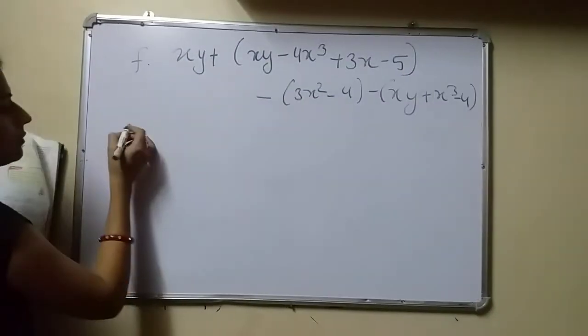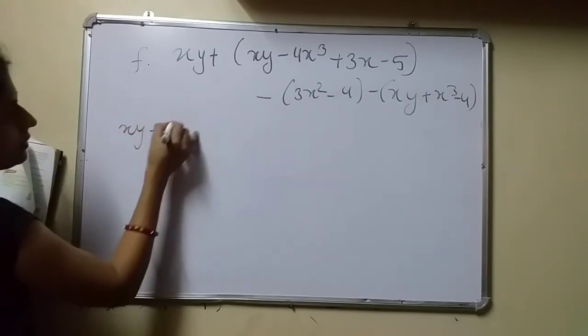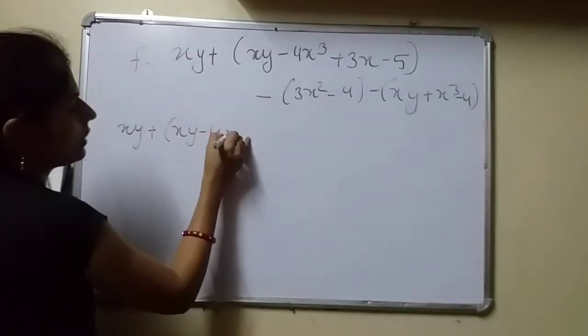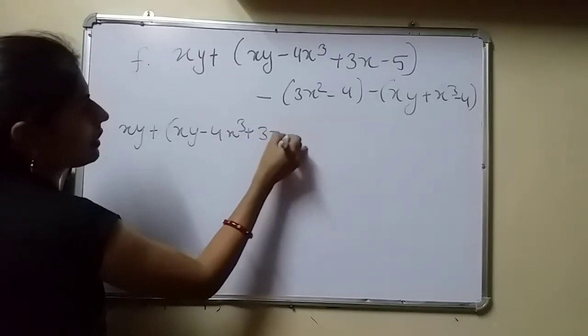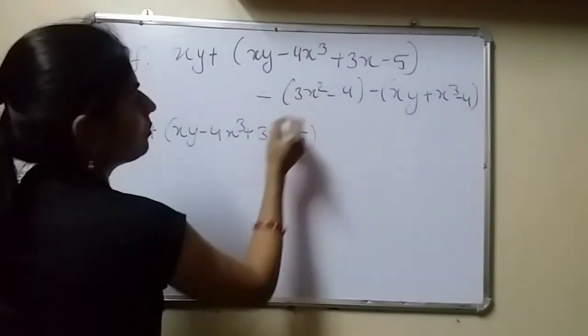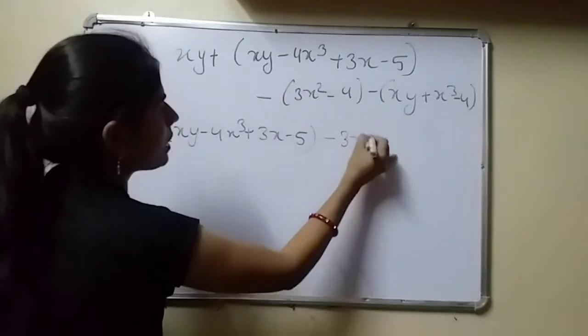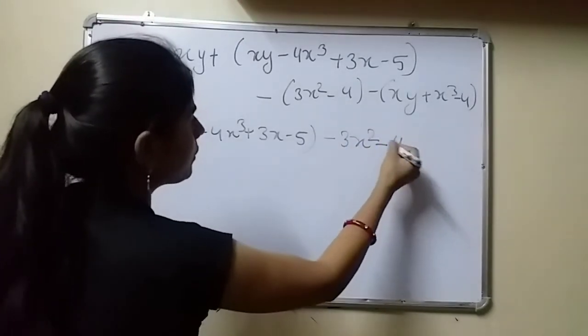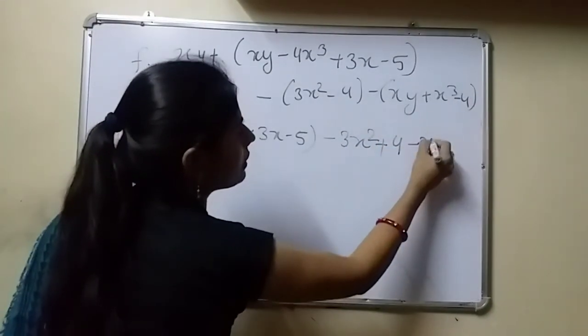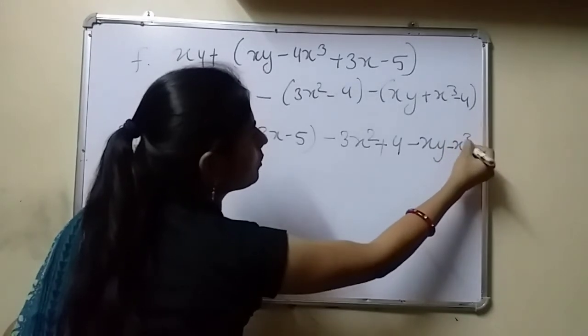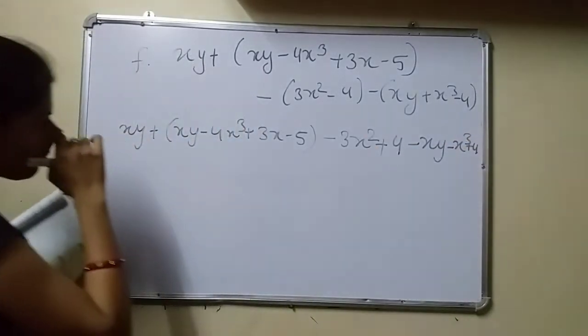Now xy plus xy minus 4x cube plus 3x minus 5. Now minus 3x square minus 4, sorry plus 4, it will become minus xy minus x cube plus 4.